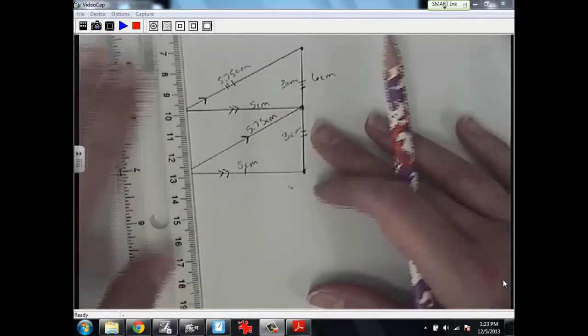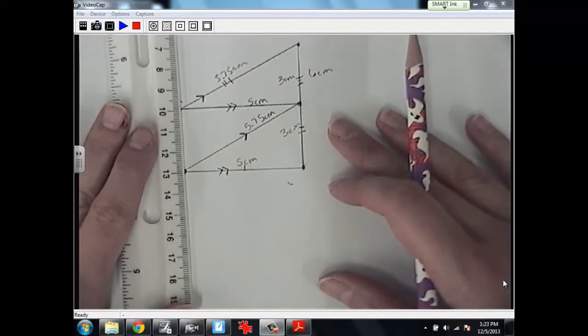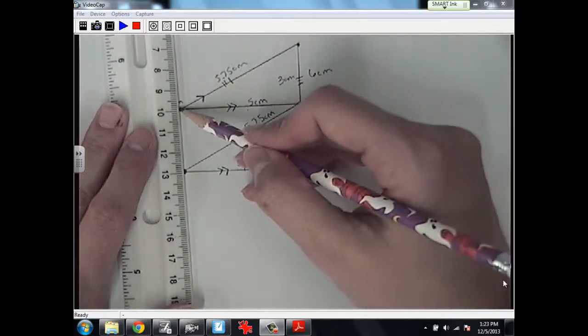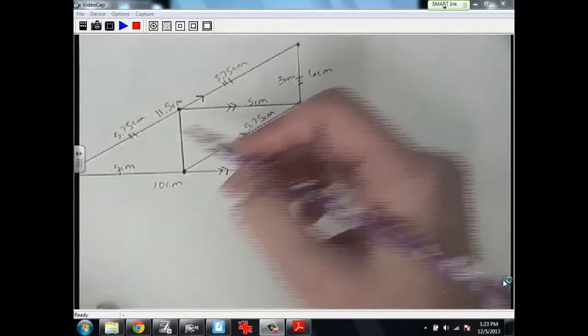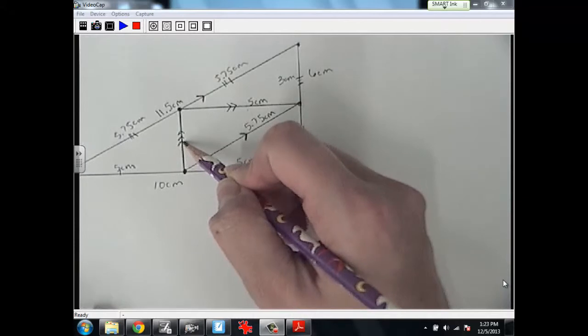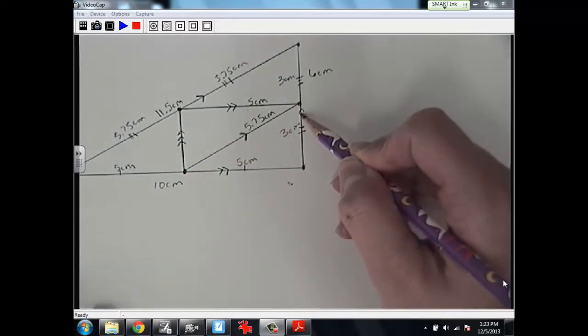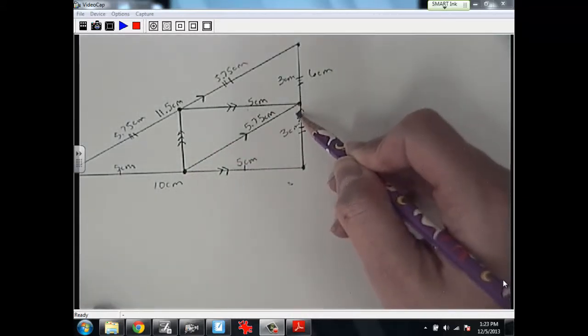And then I connect these 2 dots. So I have this one is parallel to this one over here.